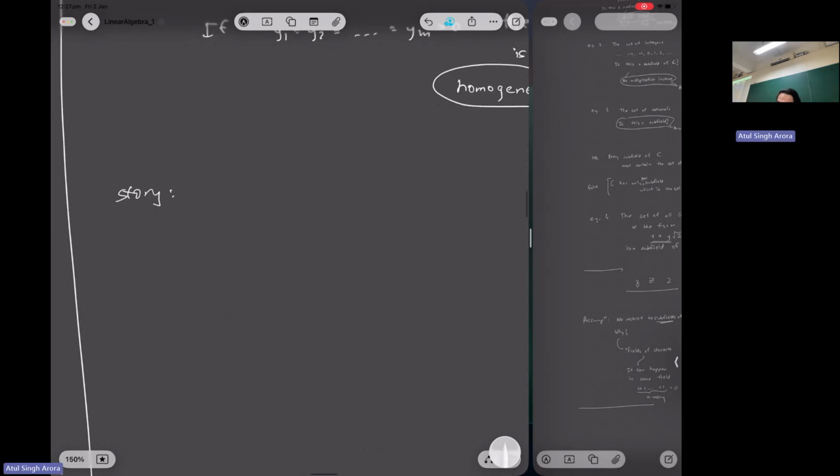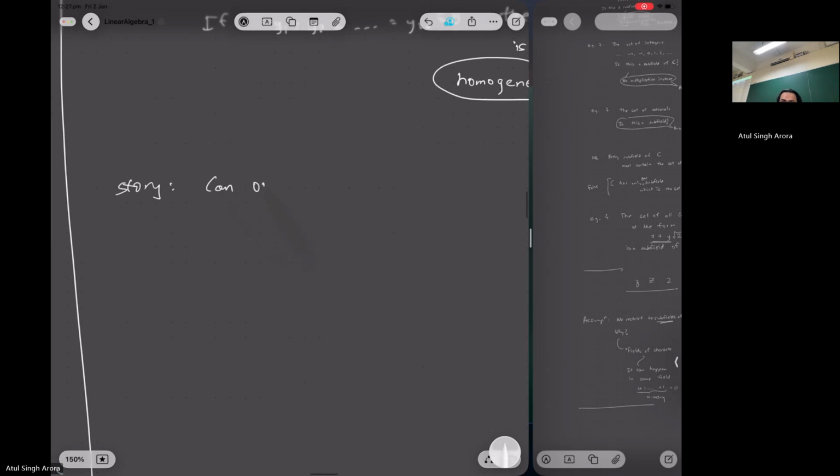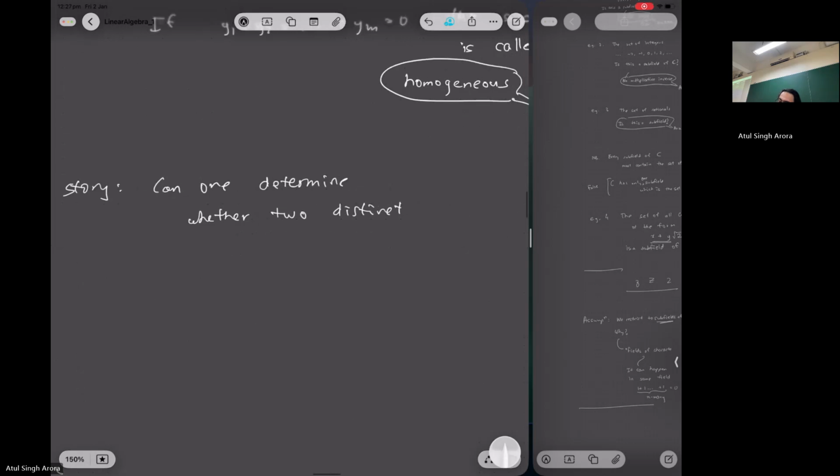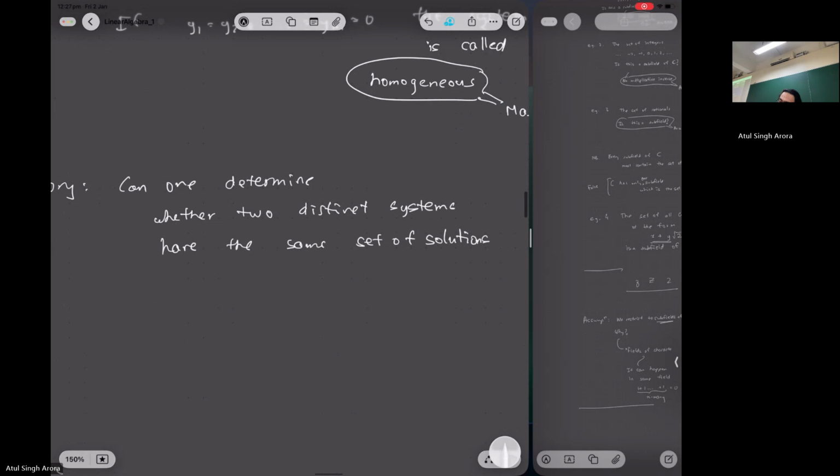So can one determine whether two distinct systems have the same set of solutions?